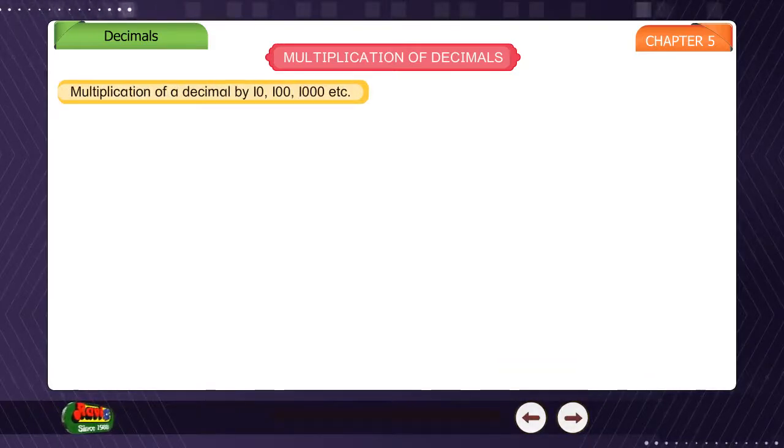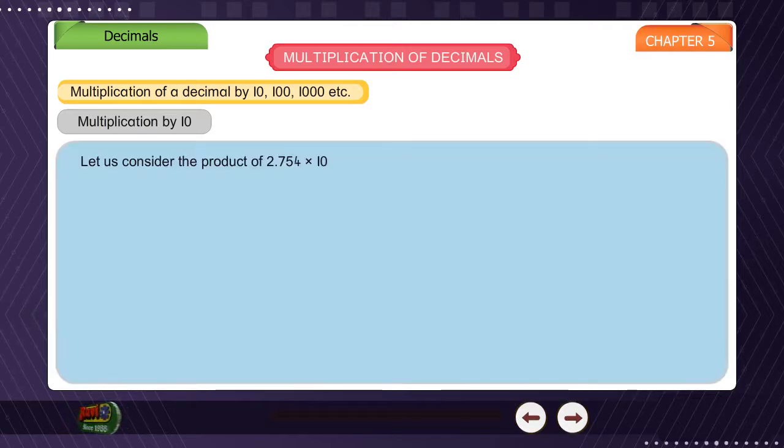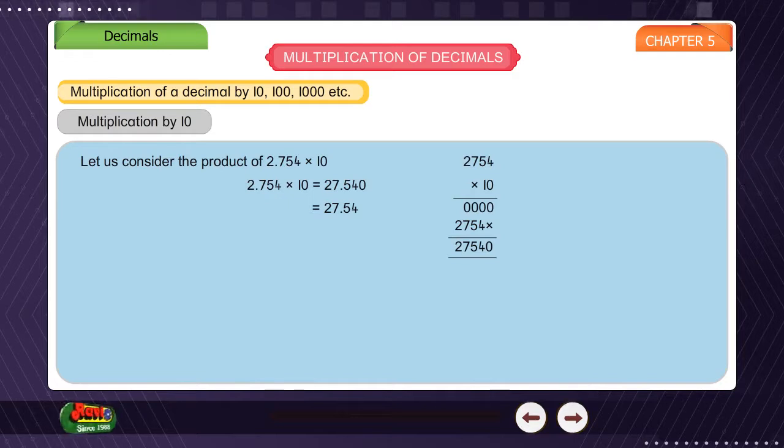Multiplication of a decimal by 10, 100, 1000, etc. Multiplication by 10. Let us consider the product of 2.754 into 10. 2.754 into 10 is equal to 27.540, that is 27.54.